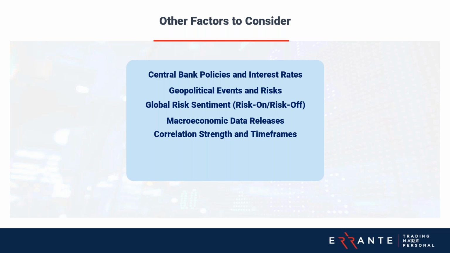Also, correlation between assets may work well on one time frame but break down on others. For instance, oil prices may correlate with the Canadian dollar on the daily time frame, but over longer periods, macroeconomic factors might override this. That's why not all commodities have the same weight on a country's currency.